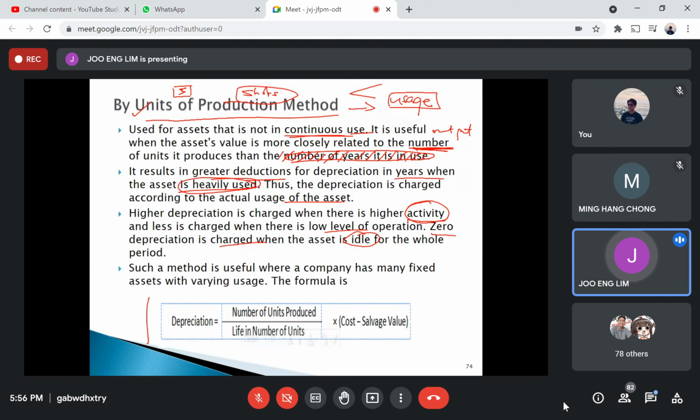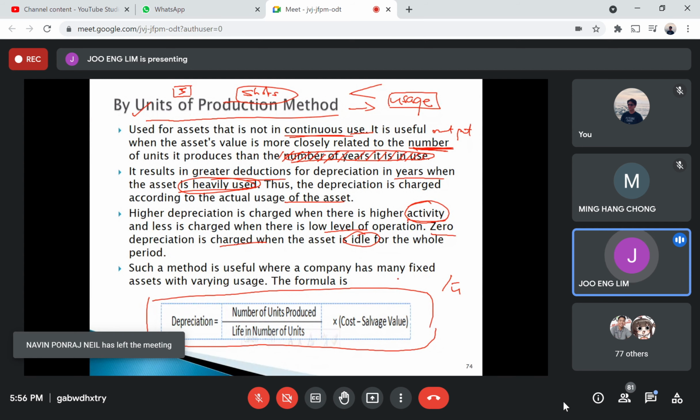So let's pick up this formula here, which you need to pick up and apply. Depreciation is per unit, because it is based on the output. When you calculate your depreciation, you first have to calculate the depreciation per unit, the amount per unit, which is given by this formula.